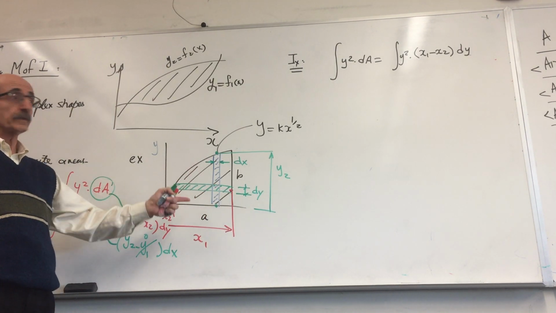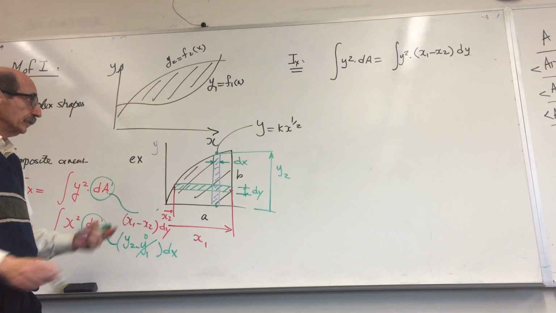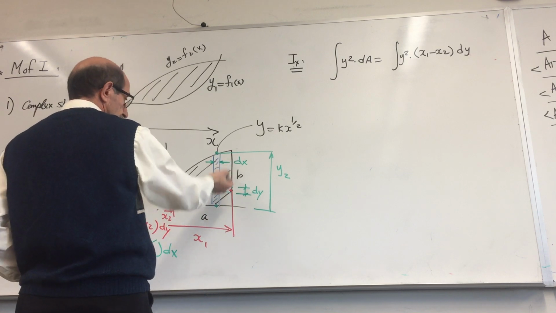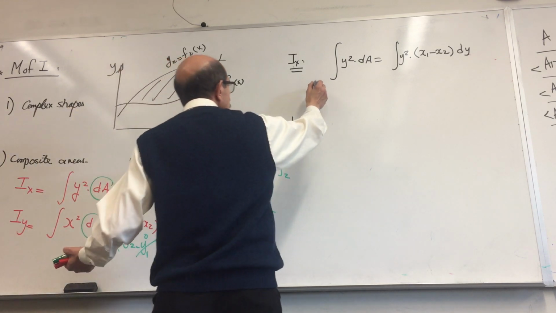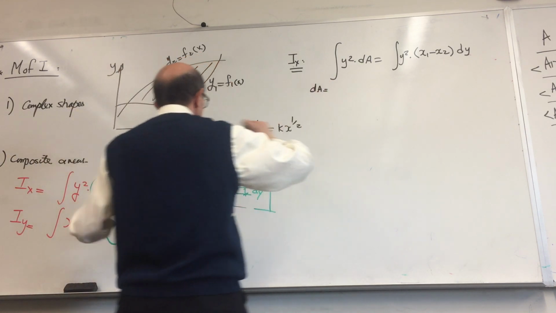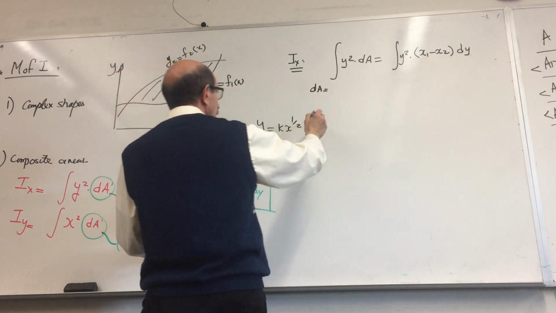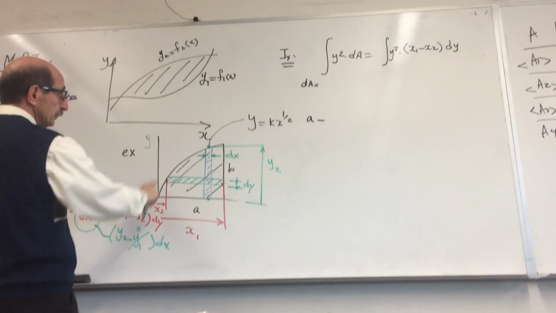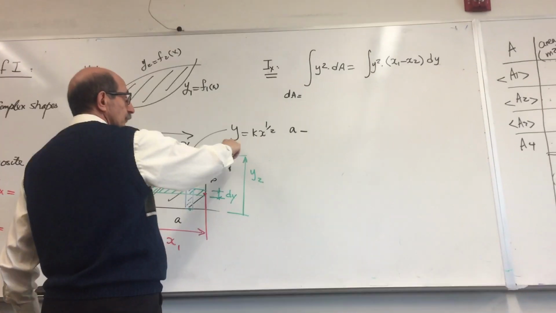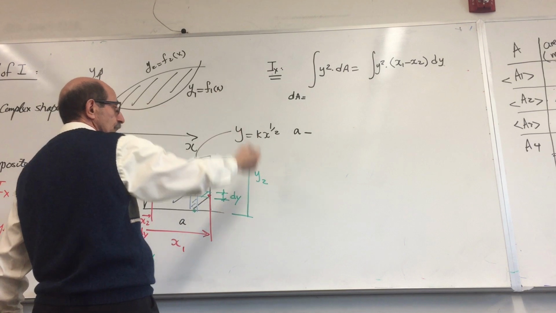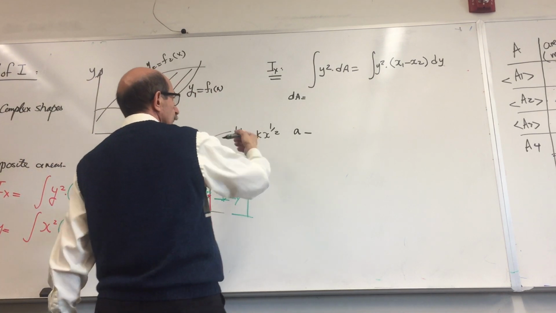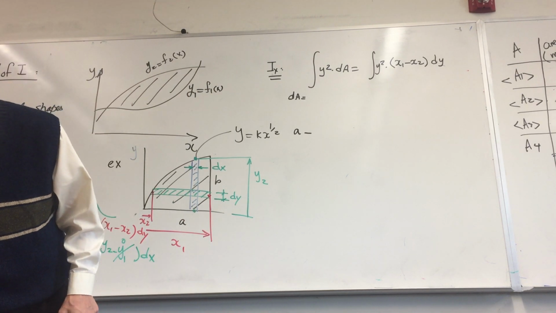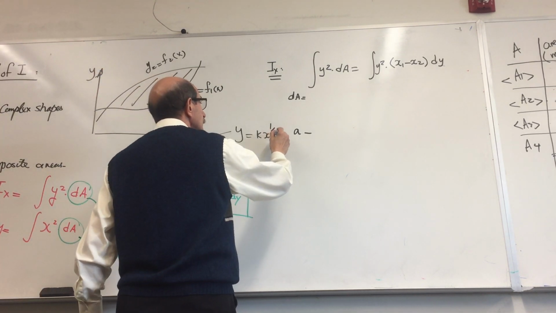Here, x1, of course, is constant. So in this case, dA would be a minus x2. x2 is from this function, so you need to find x in terms of y. So you raise both sides to the power of 1/3. Yeah, that's what I thought.